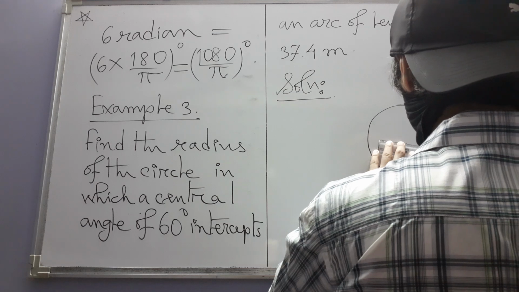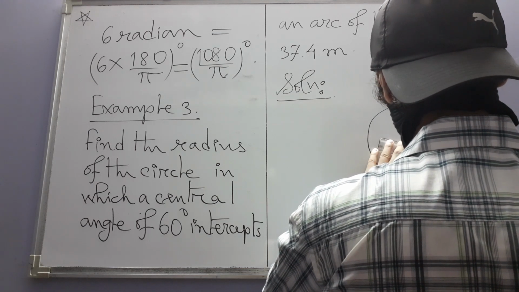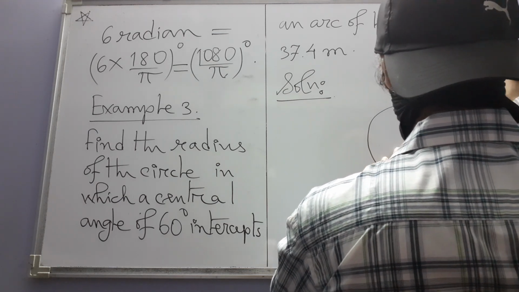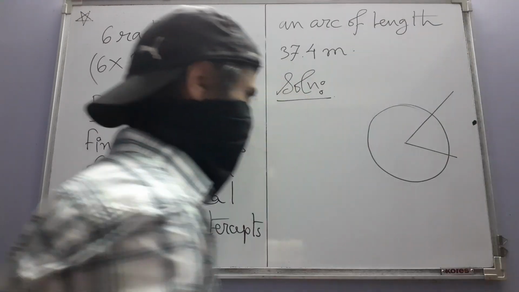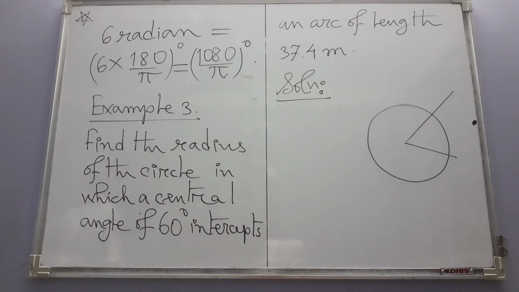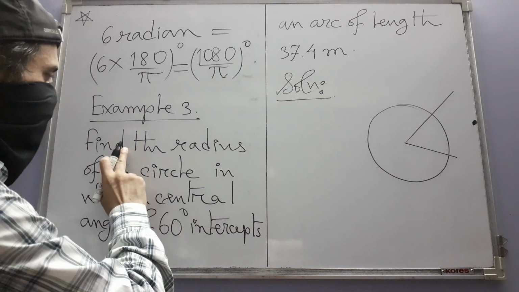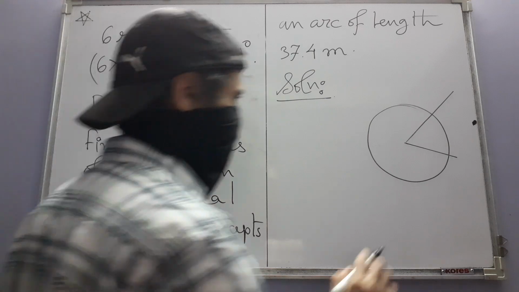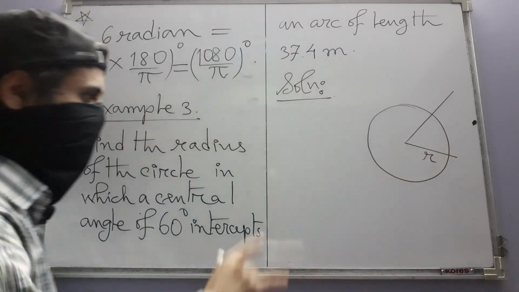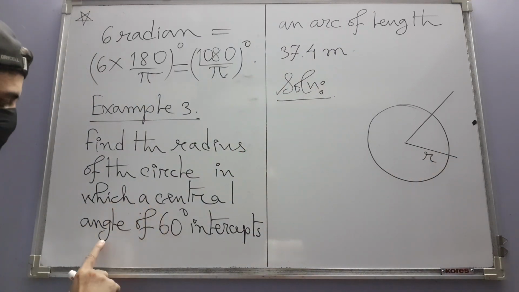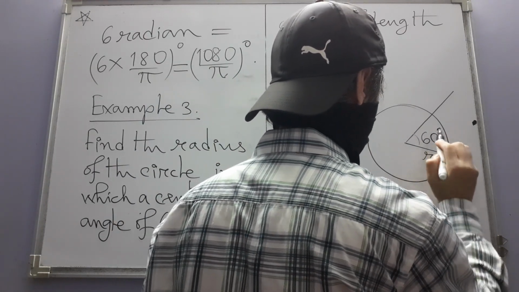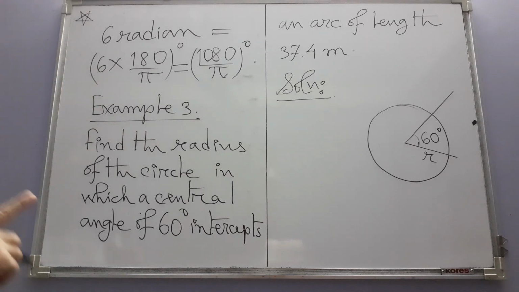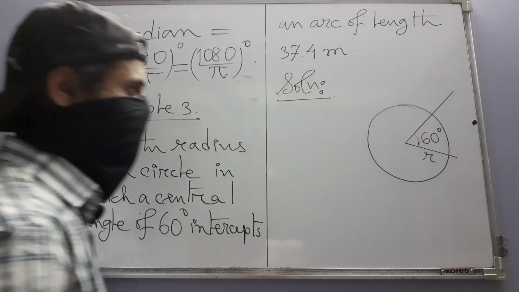So the thing here is this: there is some angle whose vertex coincides with the center of some circle. Find the radius of the circle. So we need to find this R, that radius, in which a central angle of 60 degree intercepts an arc of length 37.4 meter.